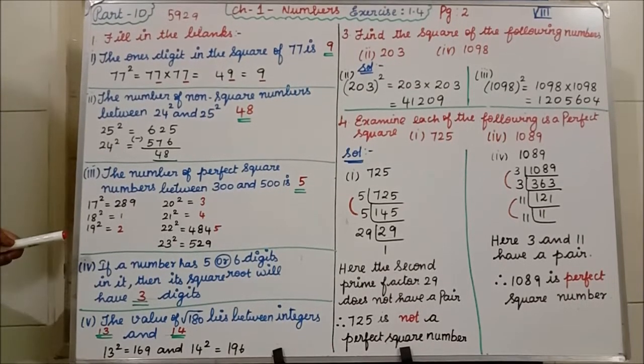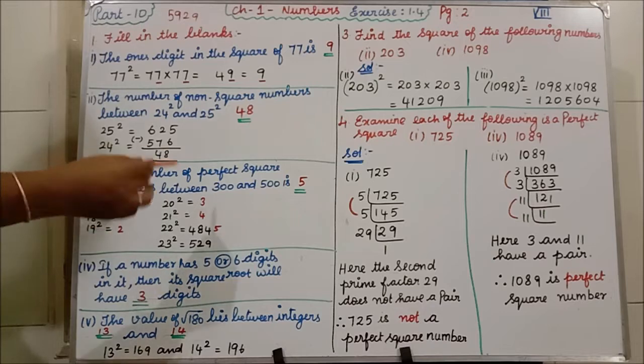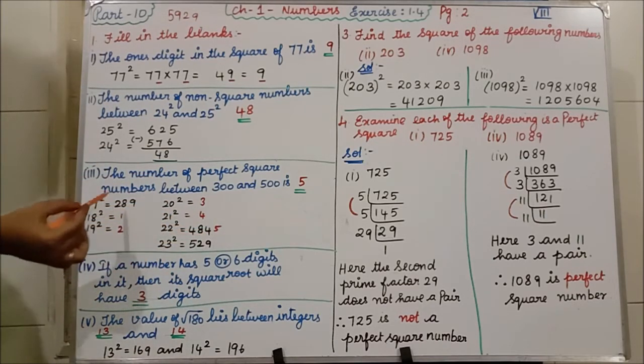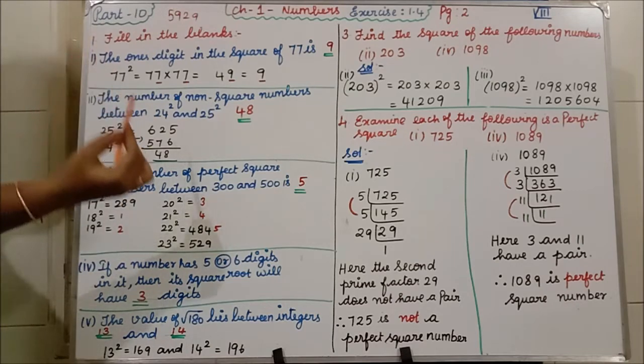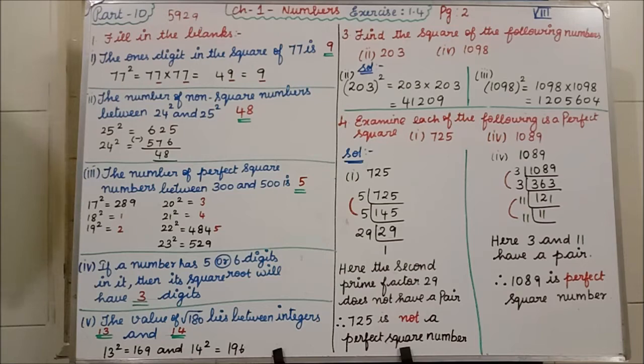Now from 18 square to 22 square, how many numbers are there in between? 1, 2, 3, 4, 5. So there are 5 perfect square numbers between 300 and 500. Clear?